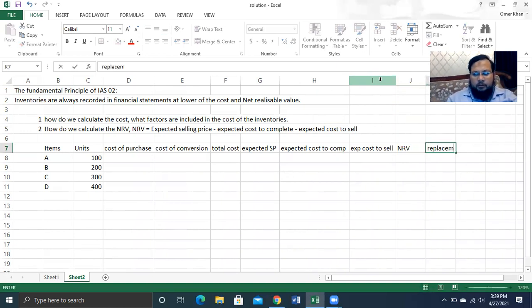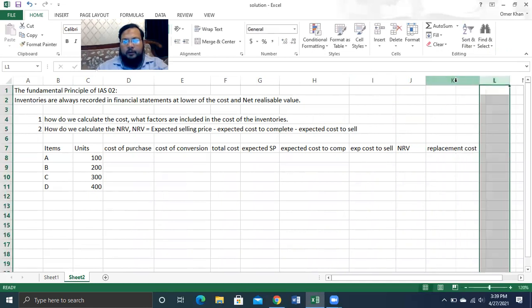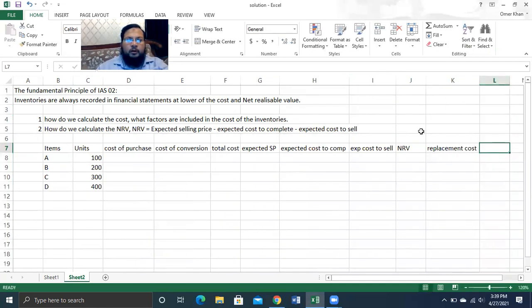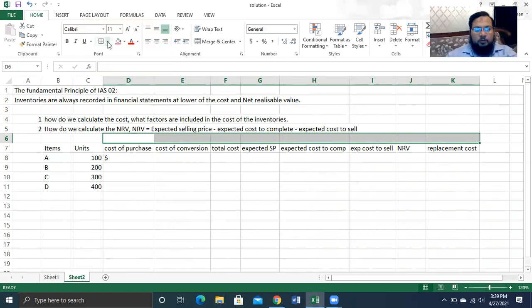The replacement cost can also be given in the question, but always remember that this replacement cost is extremely irrelevant in this concept because IAS 2 does not speak about replacement cost. So let's suppose the cost of purchase is given to us, it's per unit cost. So I will mention here that this cost is basically per unit cost.